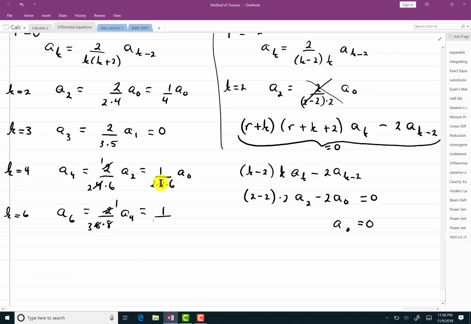Instead of trying to find a pattern, finding a pattern really hasn't done a lot for me anyways. So let me put this back. I have 1 over 12 combined with the 1 over 4 gives me 1 over 48. And then here I have 1 over 24, 1 over 48. So that'll be 24 times 48.